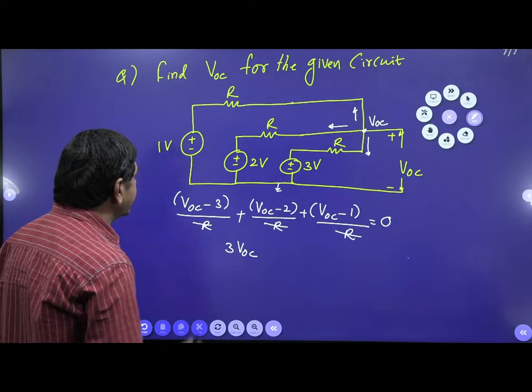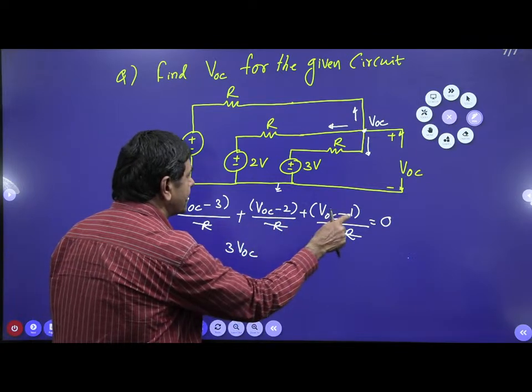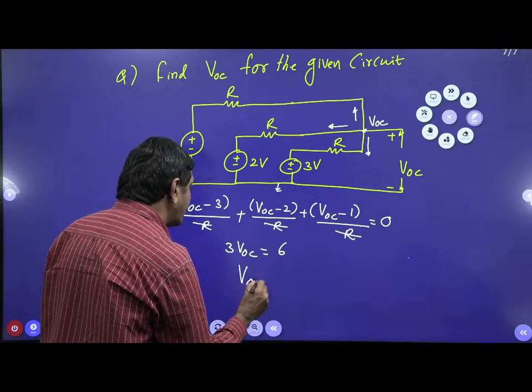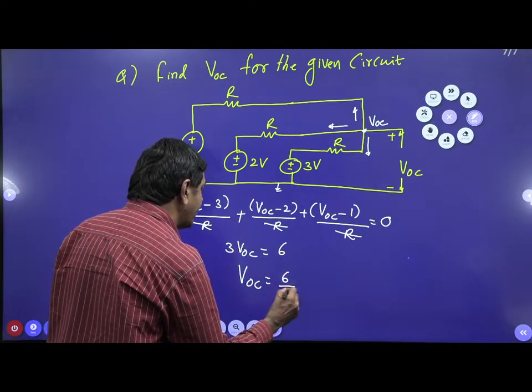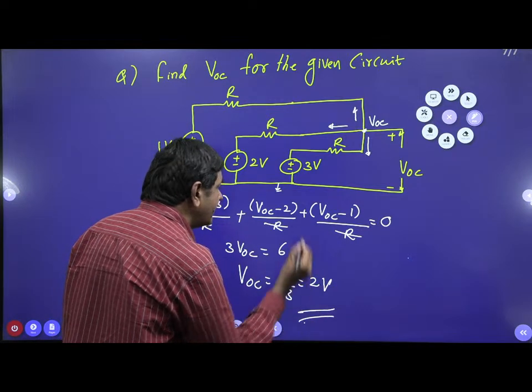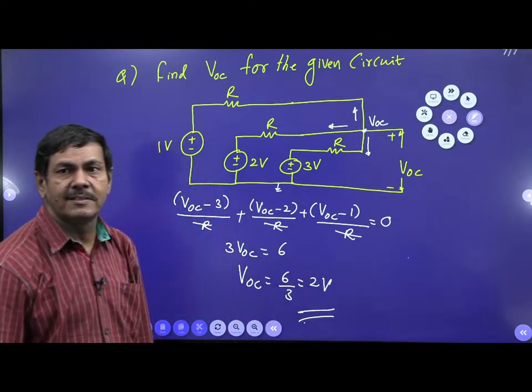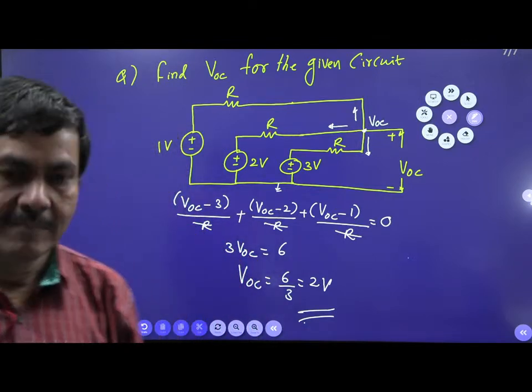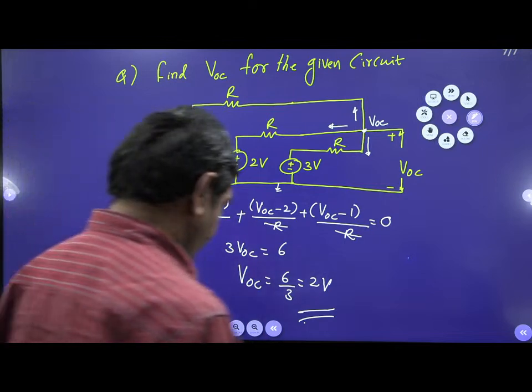What constant do we get? 3 plus 2 is 5, 5 plus 1 is 6, equal to 6. Finally, what is the open circuit voltage? 6 by 3 equals 2 volts, positive. This is the solution of this question. I think you followed.